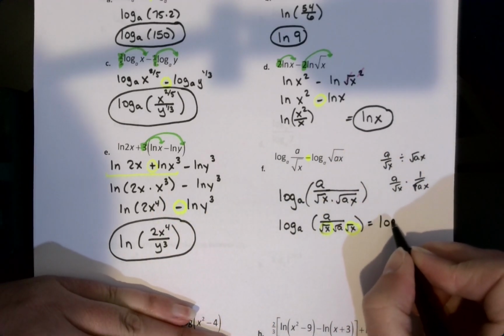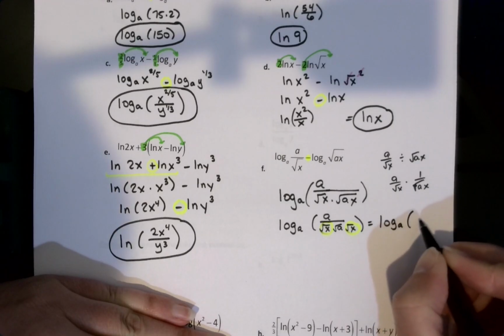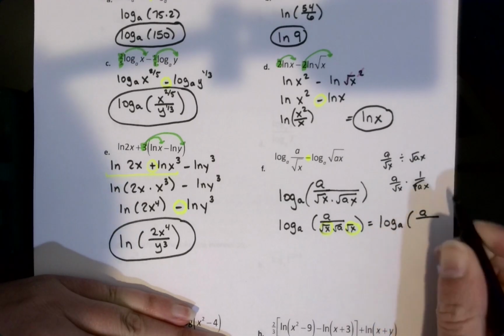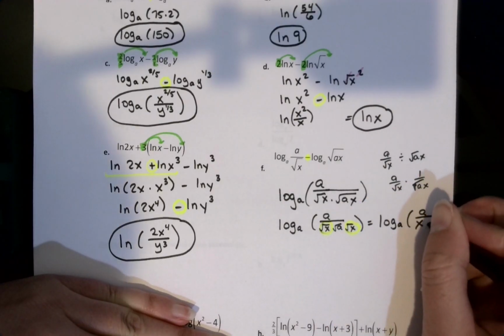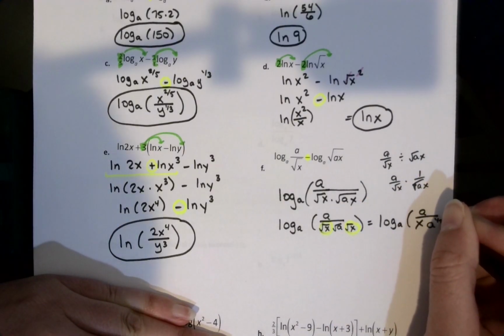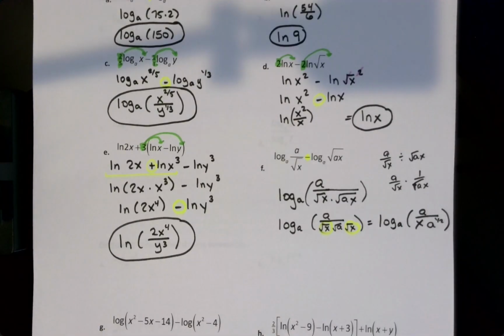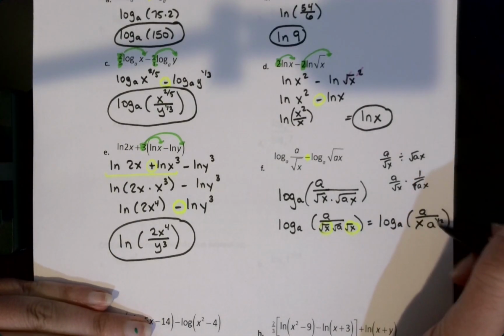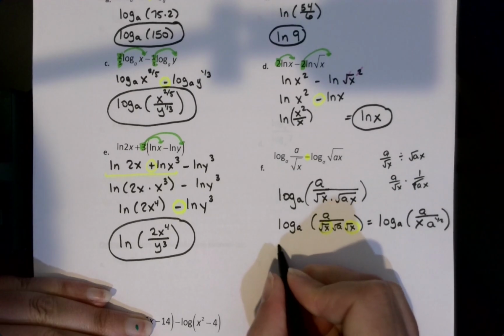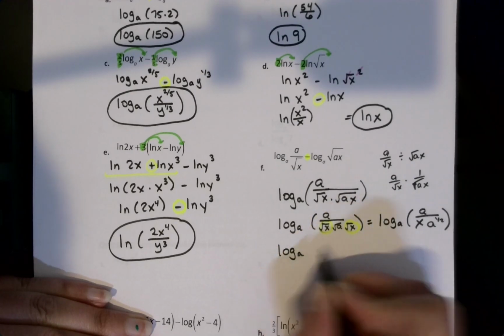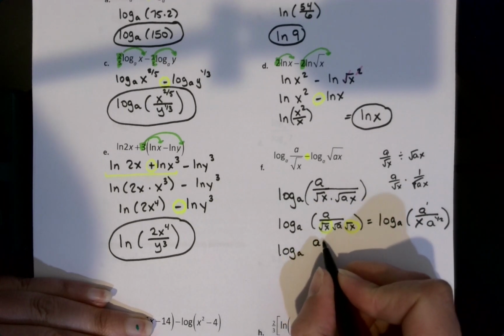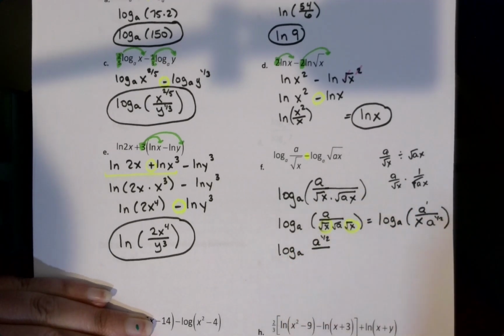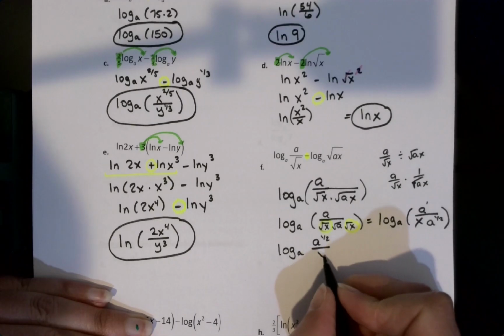So I've got log base a of a over x. And then this square root of a, can we write as a to the 1/2 power? It's going to allow me to simplify and reduce those a's. This is a to the first power, and 1 minus a half is a half. So I end up with 1/2 as the exponent, a to the 1/2 over x.